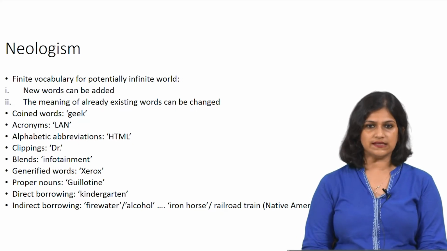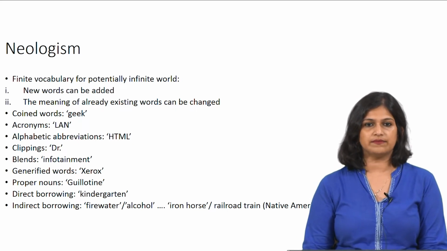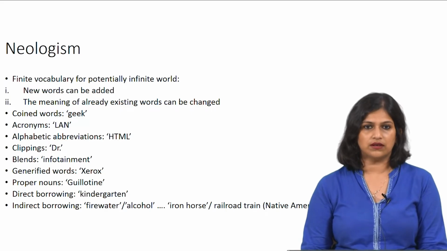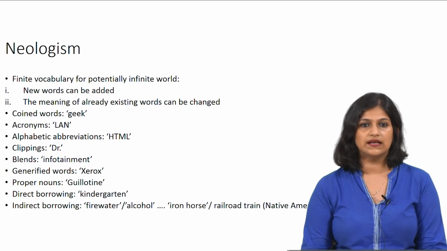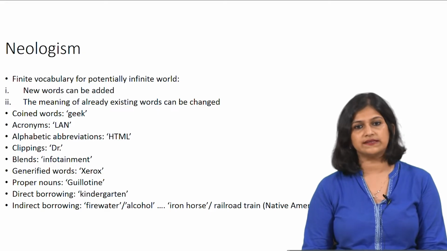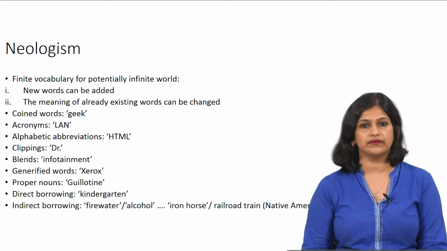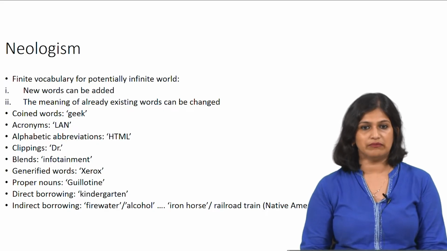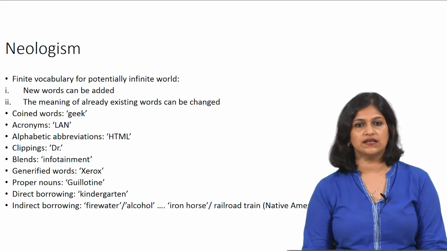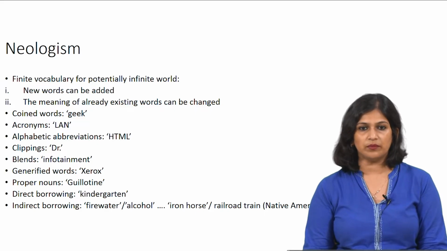So, then we have discussed the different processes by which we can add new words. We did talk about how the native speakers of a particular language coin new words, how they do acronymization, alphabetic abbreviation, clipping, blending, generifying words, using proper nouns as common nouns.